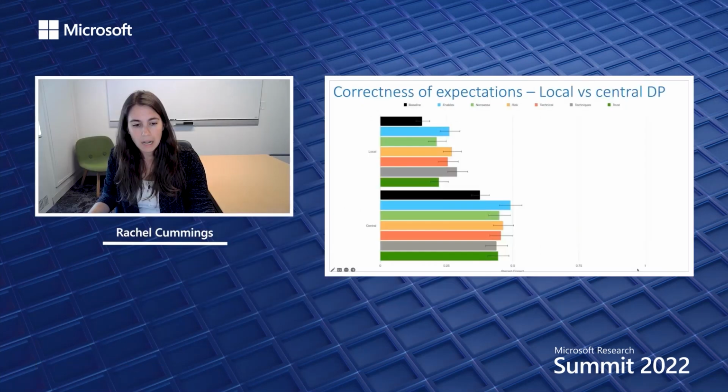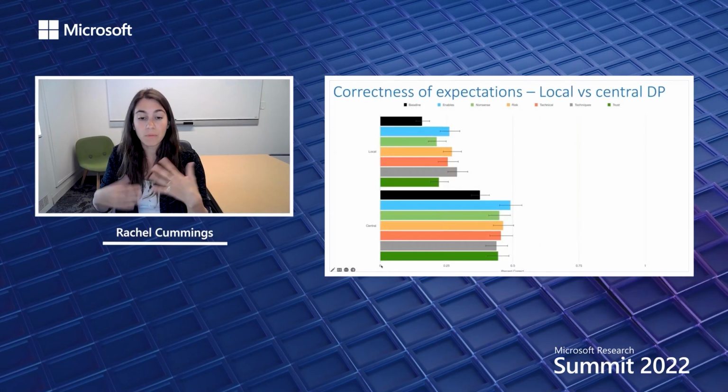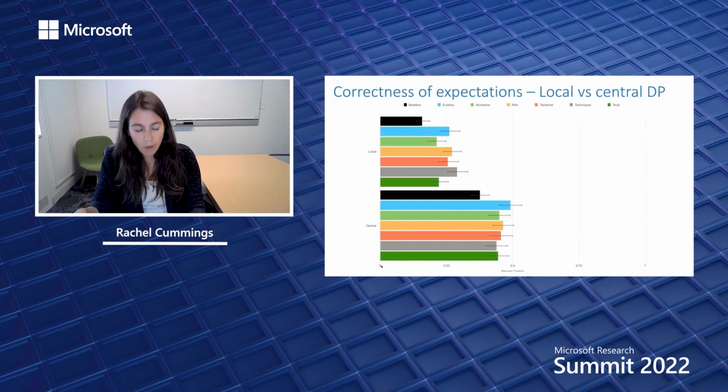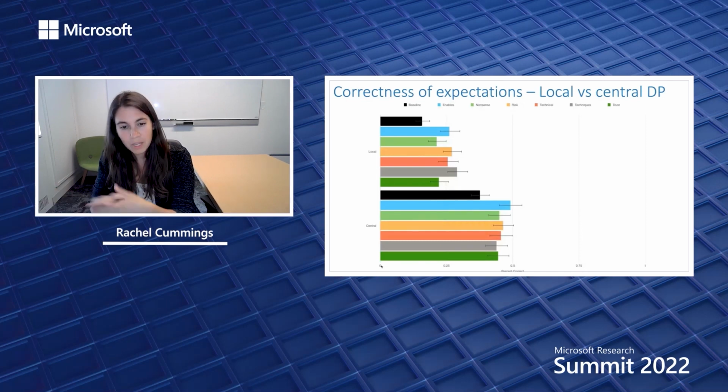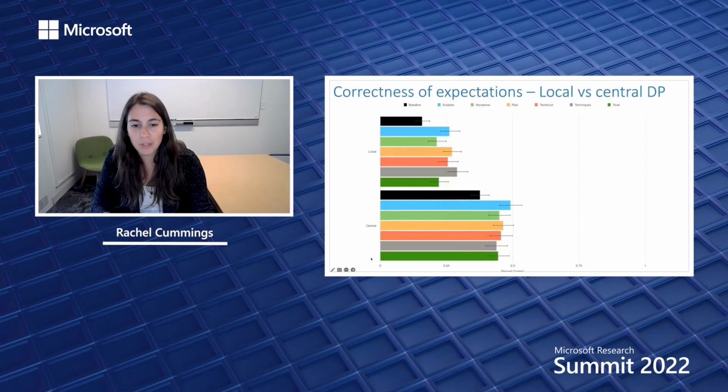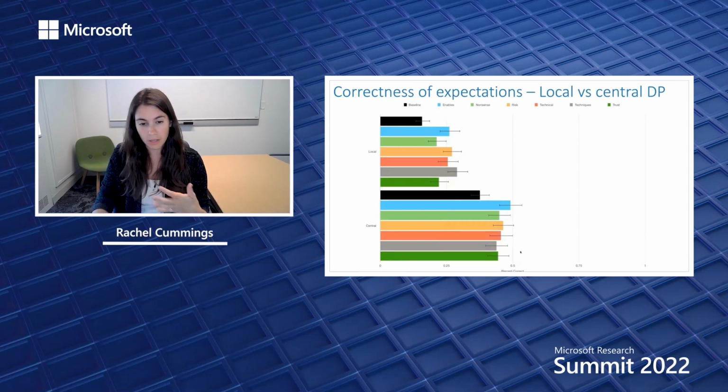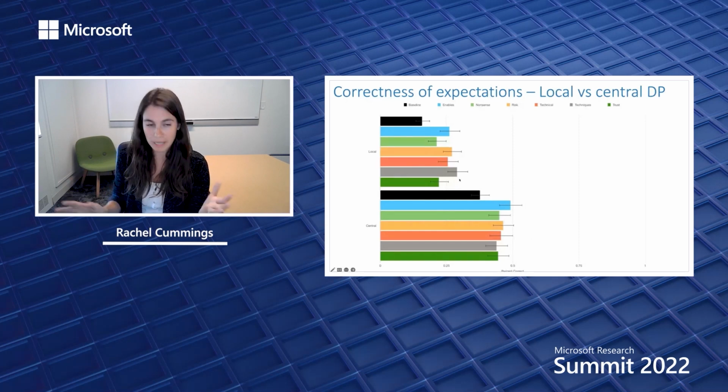And on this x-axis, we have the fraction of answers that were correct about people's expectations of privacy relative to the ground truth. So you will notice under the central model, because it's just true false answers, people are roughly random guessing. That's what we get here.